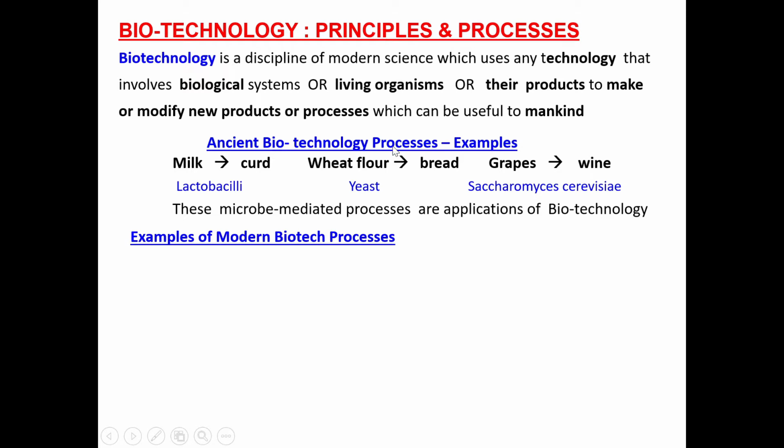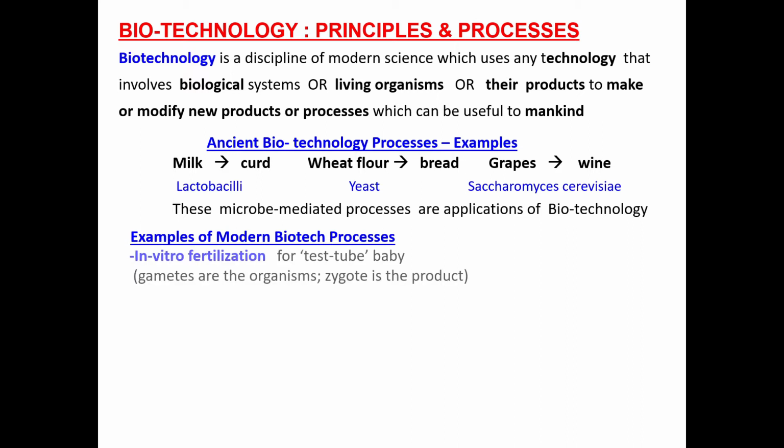Wheat flour converts to bread because of yeast. Grape converts to wine because of again a yeast, that is Saccharomyces. So these are ancient biotechnology processes which have been used even before formally biotechnology was accepted as a branch of science.